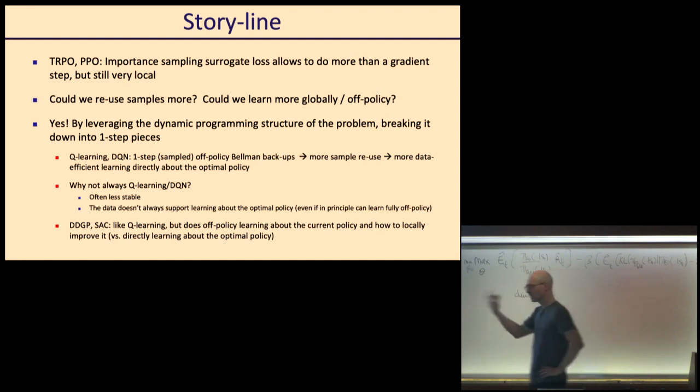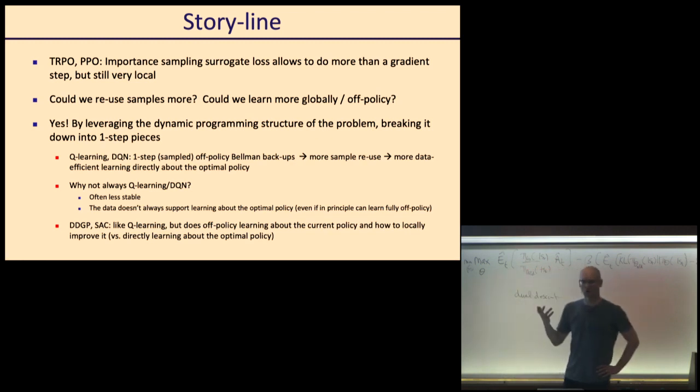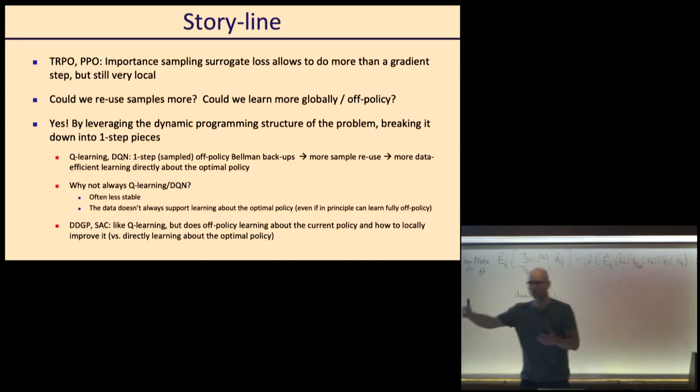Once you do a per time step breakdown, you can actually start reusing things a lot more. Because you're simply looking at the dynamics of the system from time t to t+1, and that's reusable much more easily than a full trajectory, because a full trajectory was collected under a current policy. And so that sequence of transitions would be very specific to the current policy.